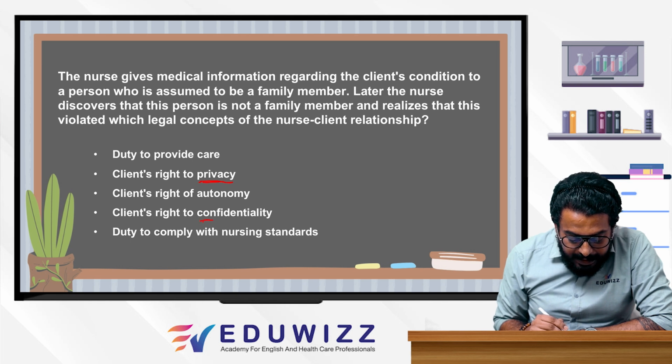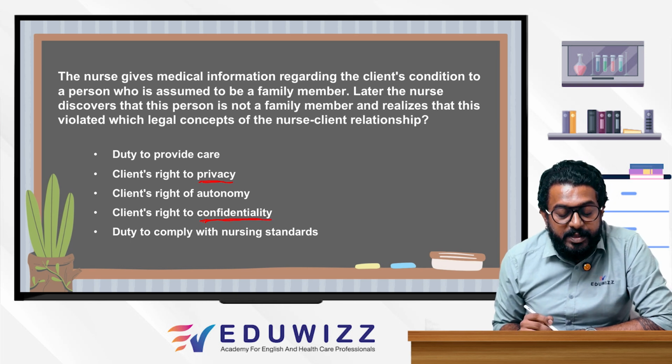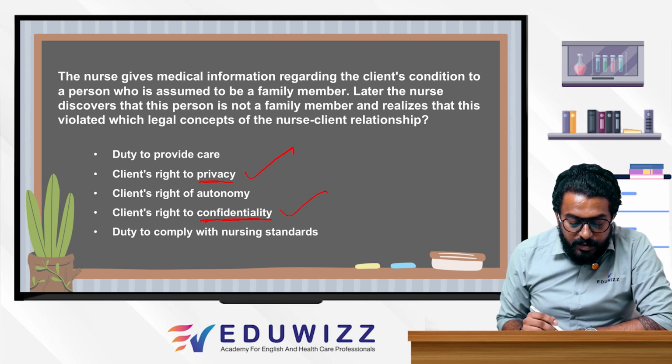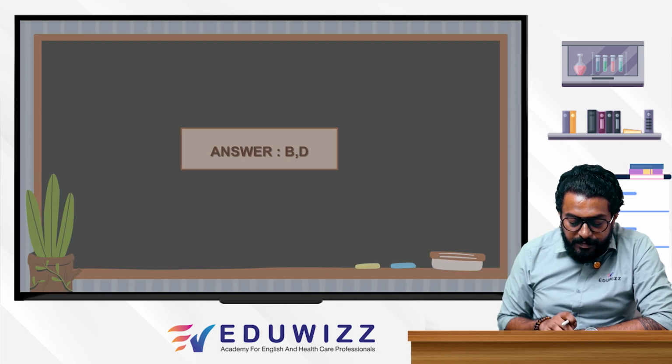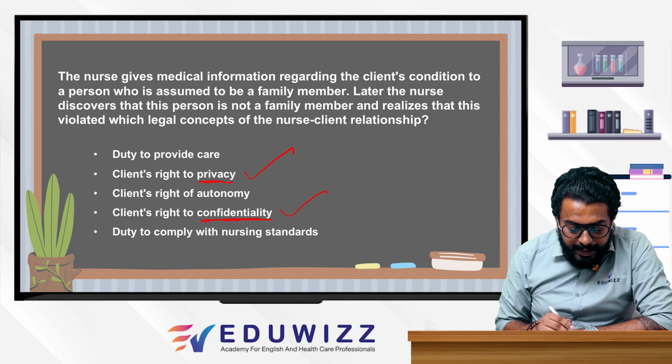And confidentiality is the ethical principle which maintains the privacy of the patient by not sharing the personal information. So, these 2 aspects, option B and option D, have been violated. Okay, so let's see the answer. Answers are B and D, that is client's right to privacy and client's right to confidentiality.